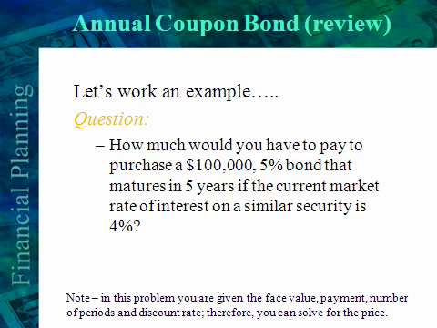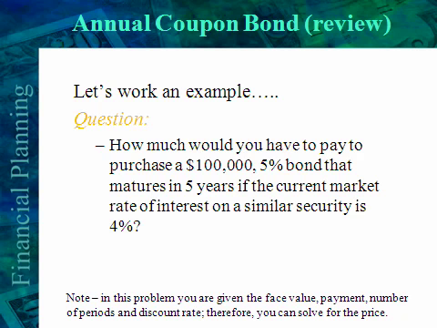The more common debt security is the coupon paying bond. When pricing a coupon bond, you need to think about the timing of the periodic cash flows and the receipt of face value at maturity. Let's work through a coupon bond valuation example.